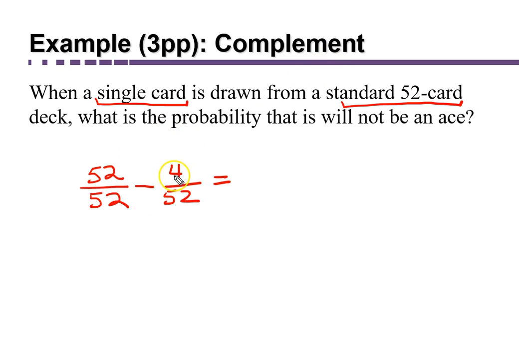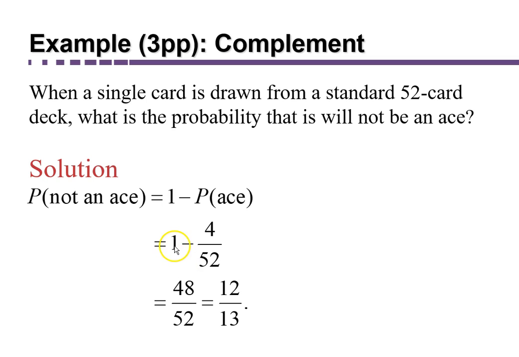So if we subtract getting an ace from the whole deck, we get the complement, which is 48 52nds. And I like the idea that I've put 52 over 52 for the 1.